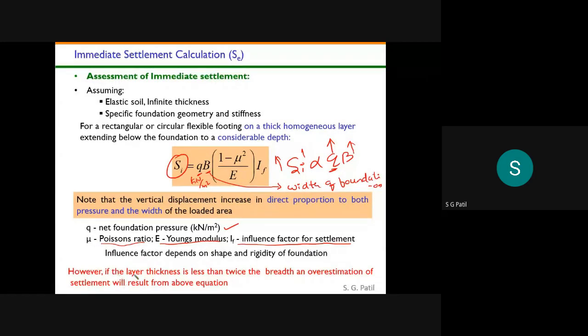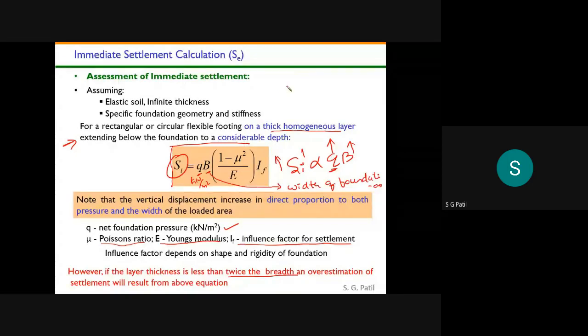However, if the layer thickness is less than twice the breadth, an overestimation of settlement will result from the above equation. To use this equation there is a condition: a thick homogeneous layer extending below the foundation to a considerable depth.